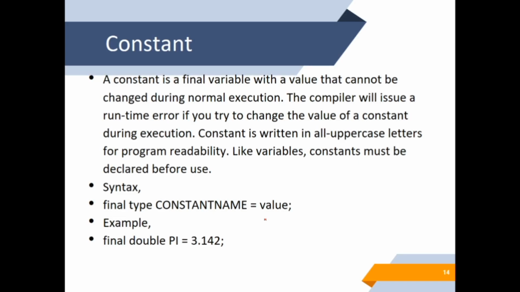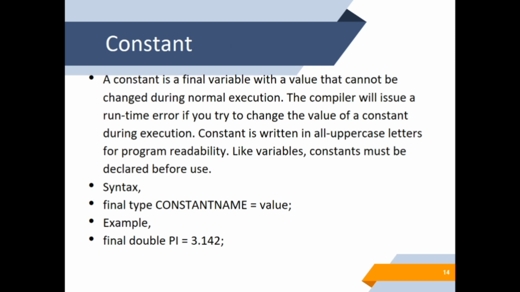A constant is a final variable with a value that cannot be changed during normal execution. The compiler will issue an error if you try to change the value. So it means that you cannot change the value of a constant variable. And a constant is written in all uppercase letters for program readability. What does it mean?